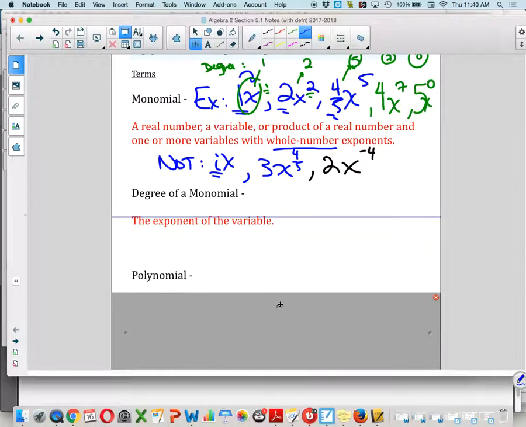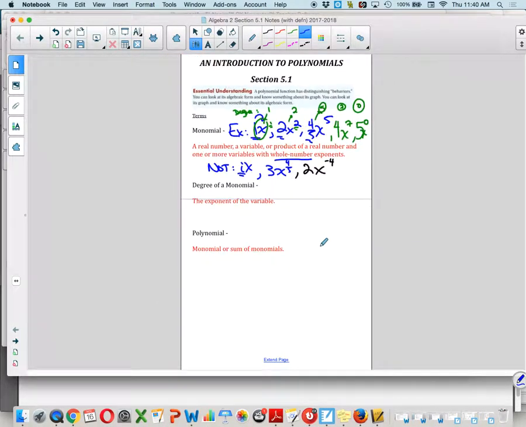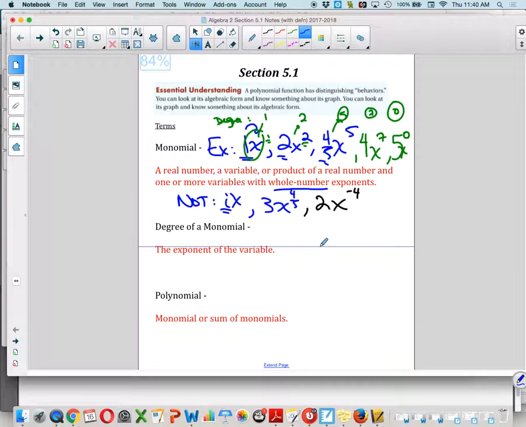When we start to put monomials together, we have a polynomial. A polynomial is a monomial or the sum of monomials. I'll give you a second to write that down. A polynomial is a monomial or sum of monomials.